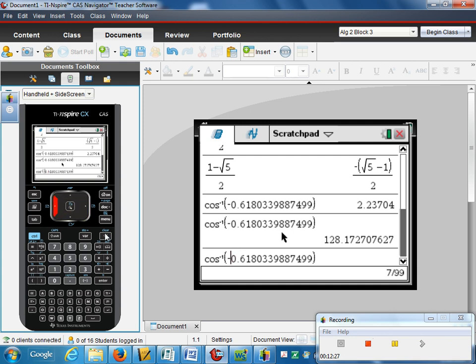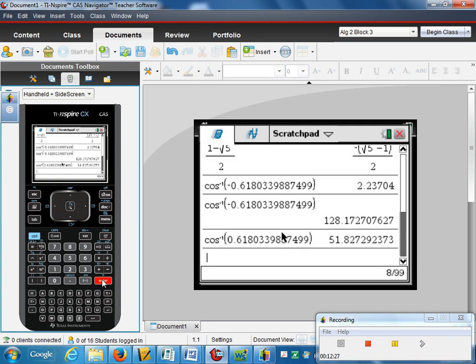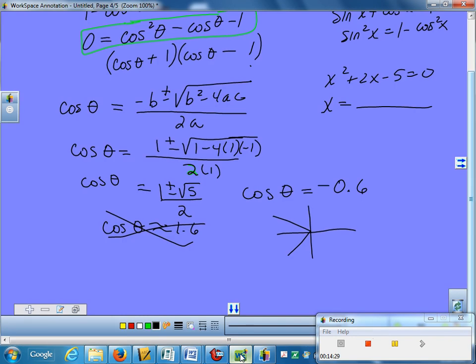So for right now, ditch your negatives. So it's really a 51.8 degree reference angle. We already said it's negative in second and third, so that's 51.8 in the second and third quadrant.